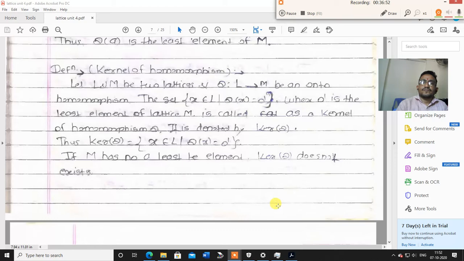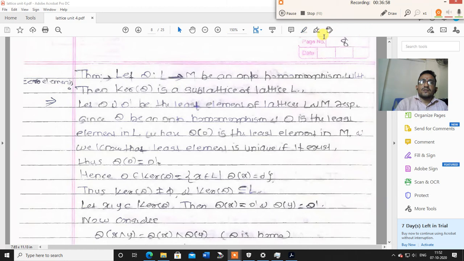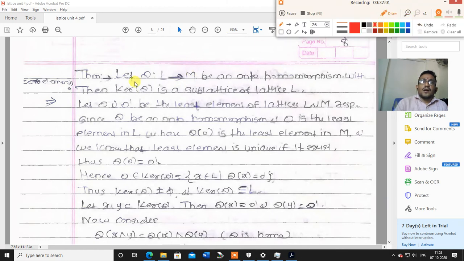So next we define this property. First property here: let theta be an onto homomorphism from L to M with a 0 element in lattice M. That is, lattice M has a 0 element, a least element.